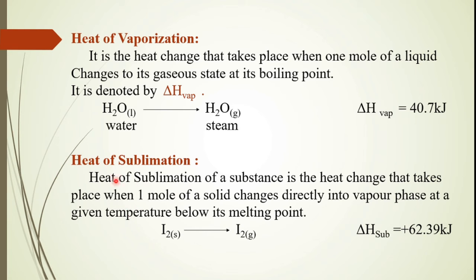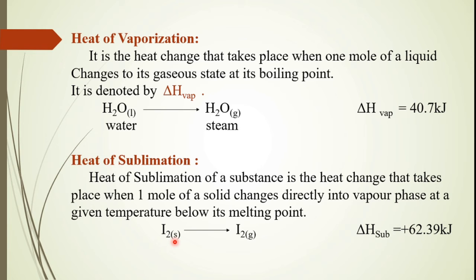The next is heat of sublimation. Heat of sublimation of a substance is the heat change that takes place when 1 mole of a solid changes directly into the vapor phase at a given temperature below its melting point. So first of all, you must know what the sublimation process is.